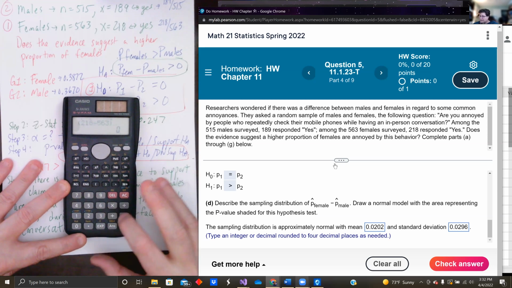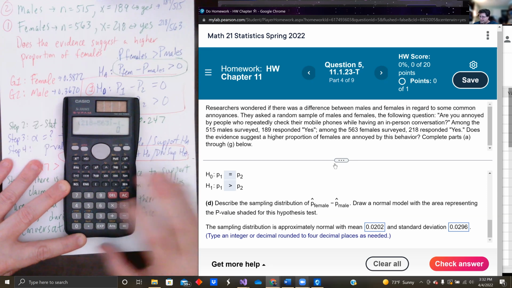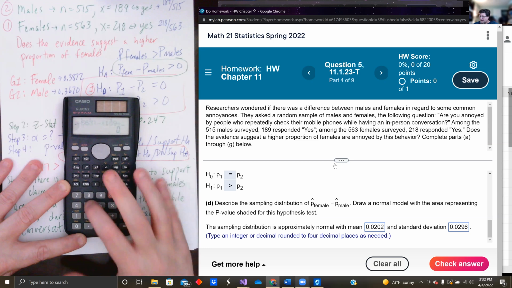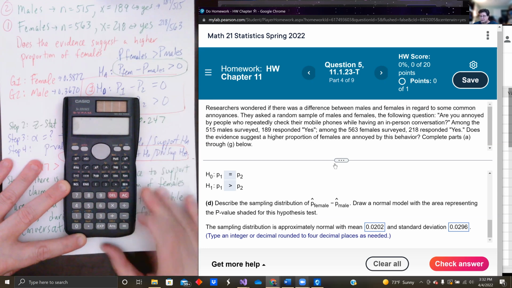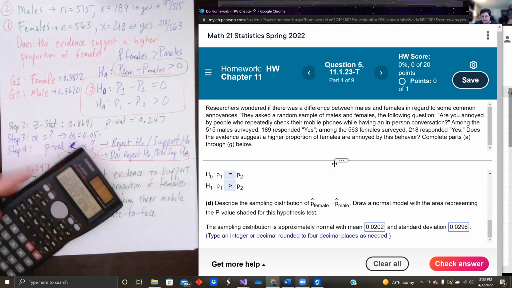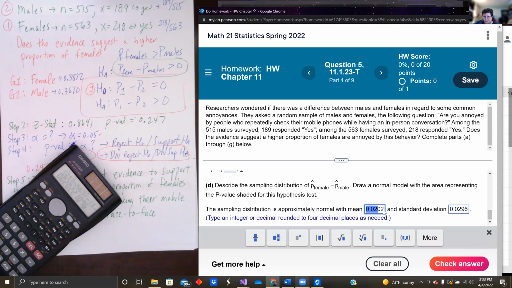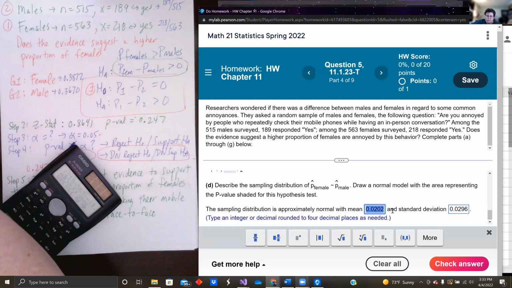And I'm going to say minus P2, which is 189 divided by 515. And it's still 0.0202. There is no rounding error. Did I use a comma? I don't know. Let me retype it. 0.0202.